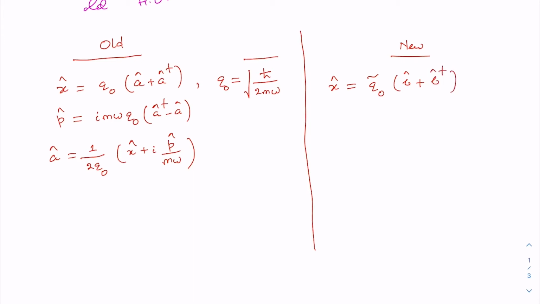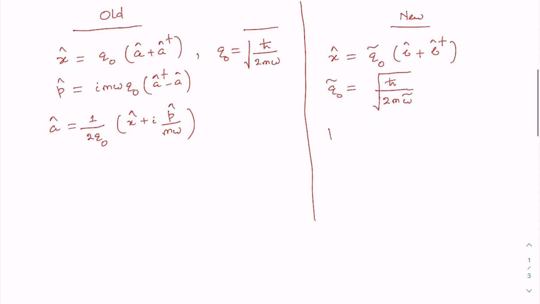It is the same harmonic oscillator, only we have increased the frequency, so only the frequency is now getting changed. And the momentum operator would be i m omega tilde q0 tilde times b dagger minus b.